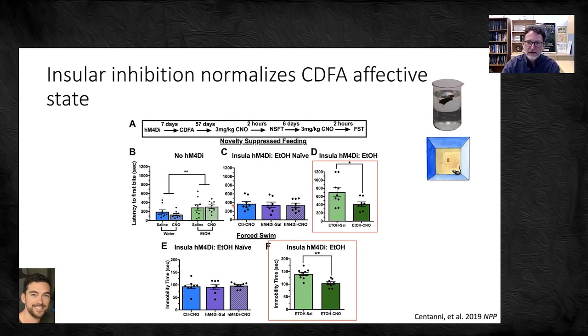So I'll call your attention to the data on the right, which is the data for the NSFT task and the data for the forced swim task during abstinence. And you can see that in both cases, animals that were given CNO, we saw a reduction in the elevated negative affective-like behaviors that we saw in the forced swim and in the NSFT.